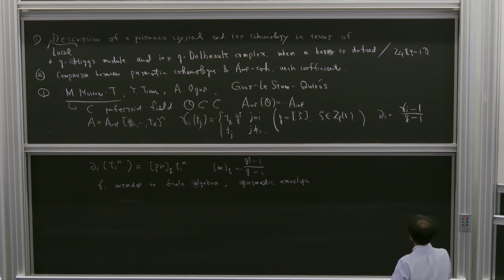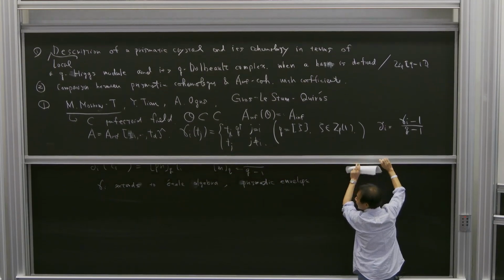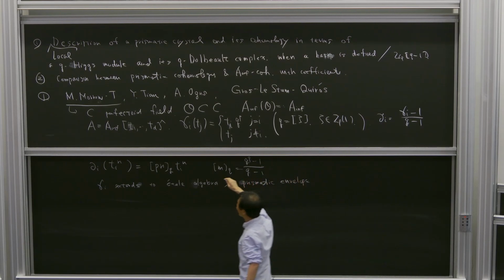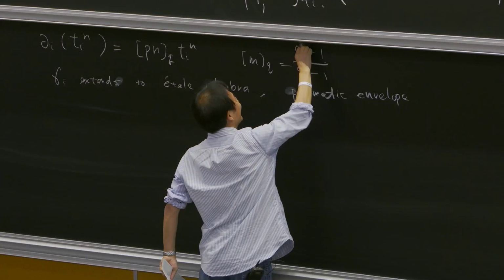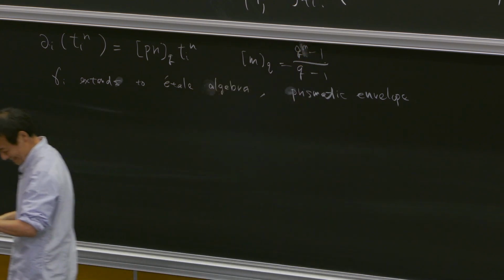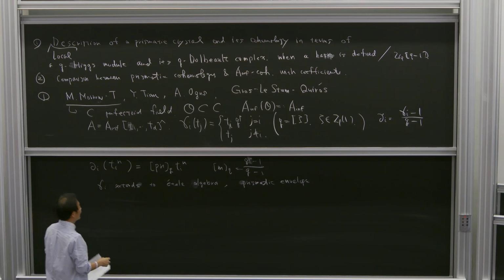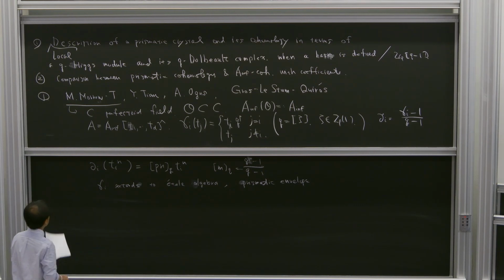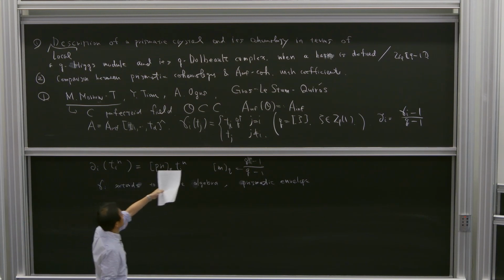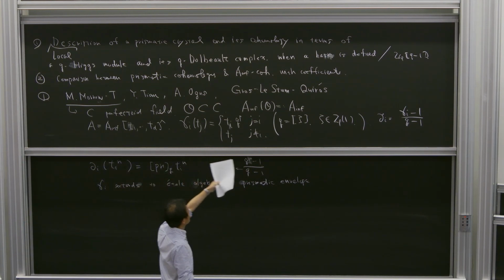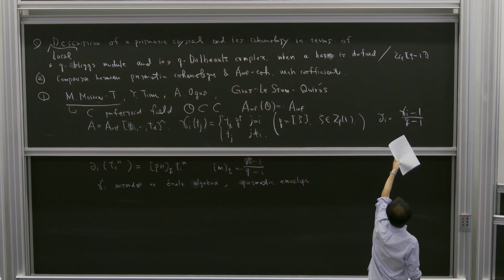Yeah, so then I tried to generalize this construction to a general prism over this q-crystalline prism, not only A inf.